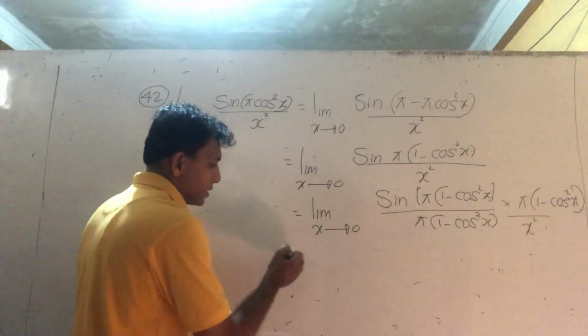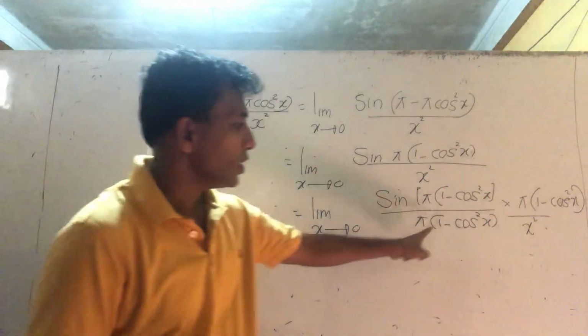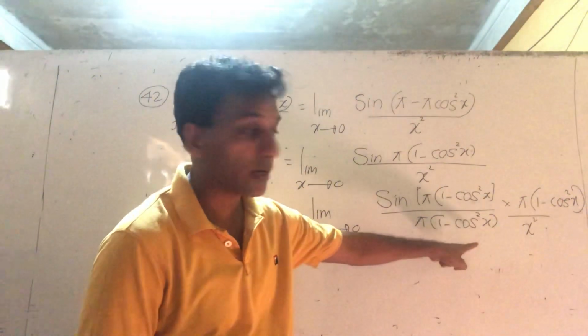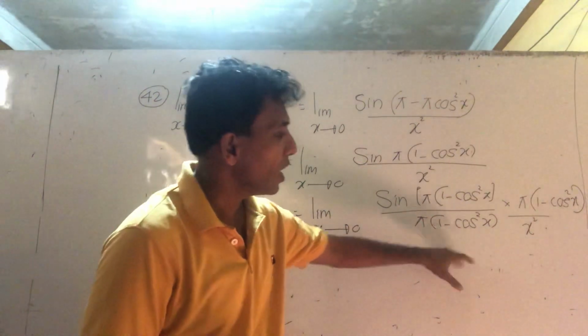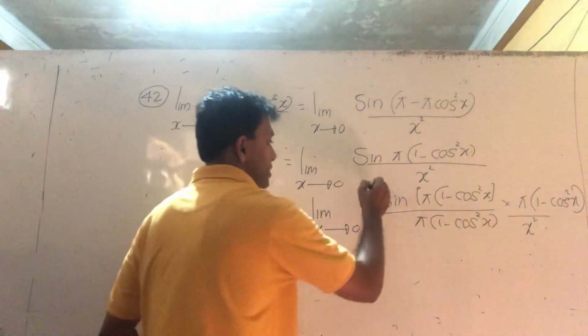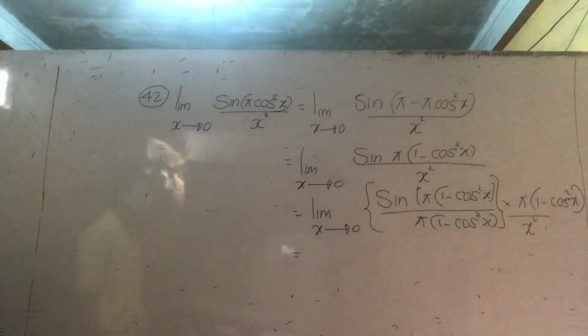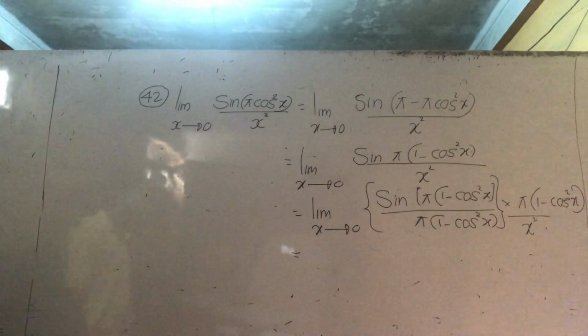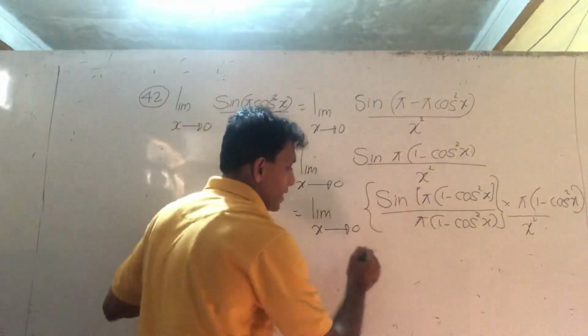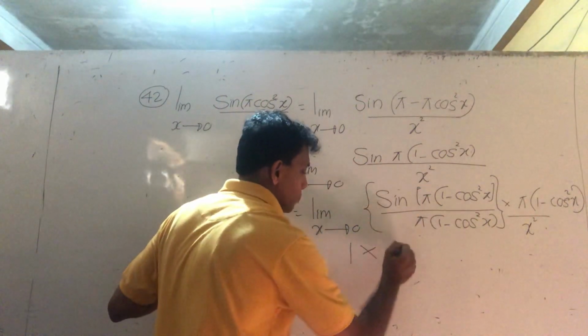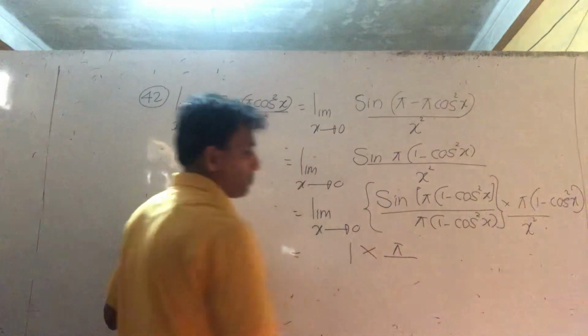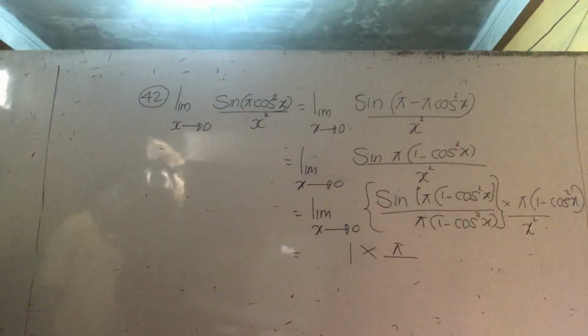Okay, now what happens? If you put x as 0 below, cos 0 is 1, 1 minus 1 is 0, therefore the total is 0. So the theory is applicable, the sin theta over theta pattern. In sin theta over theta form, this answer is 1 into pi over x², or sin².